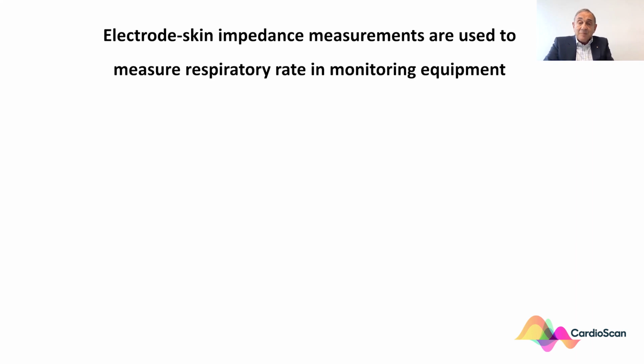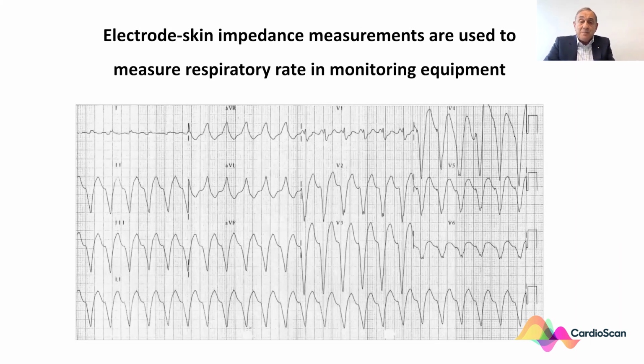But this is a case of a patient who was admitted to the emergency room with non-specific chest pains and was fully awake and alert, and they put the monitoring equipment on and saw this terrible ECG pattern, and therefore they did a 12-lead ECG as shown. This caused profound anxiety amongst the members of the emergency room staff, and attempted defibrillation was done even when the patient was awake and alert.